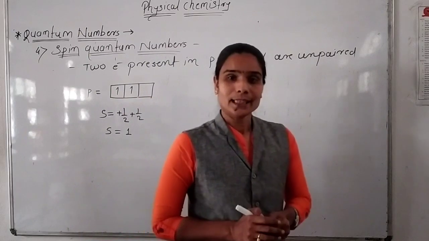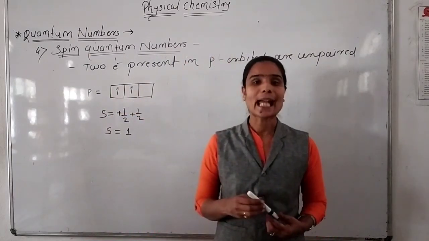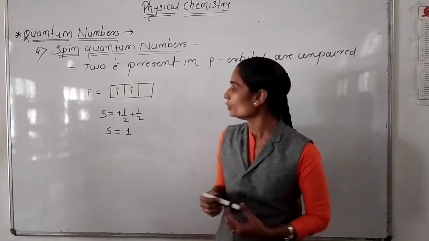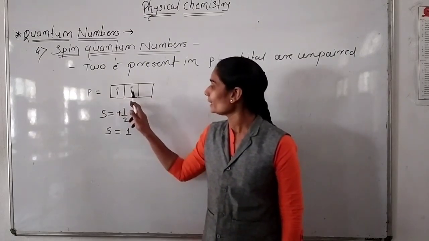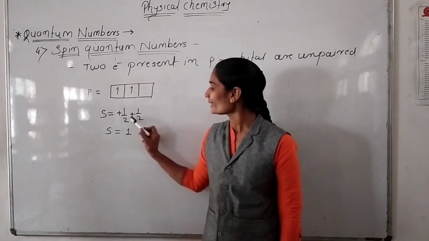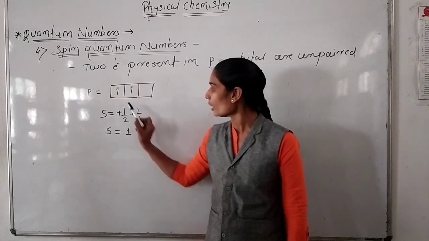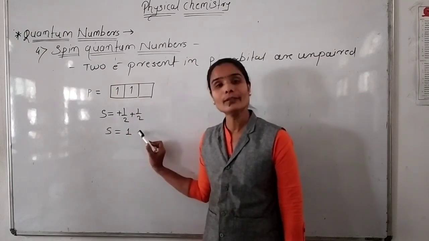These electrons are in separate orbitals, so the total spin value of these two electrons is 1.